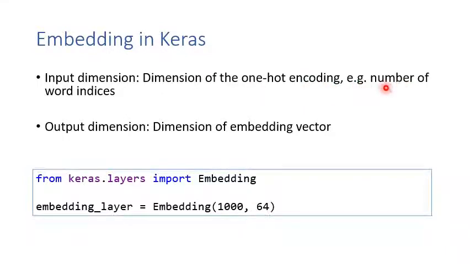In other words, this is the number of words used in our vocabulary, the number of word indices. Second, we need to define the output dimension, the dimension of our embedding vectors. That's it. Just import the embedding layer from Keras layers, then define the input dimension and output dimension. That's how we use the embedding layer in Keras. Very convenient.